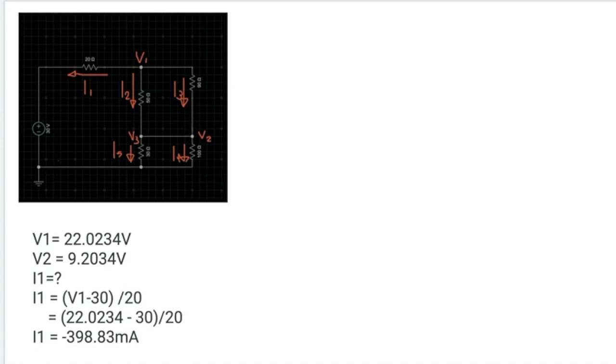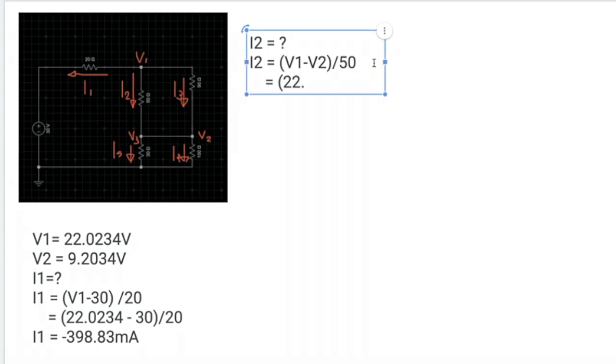Then for I2, that will be I2 equal to V1 minus V2 divided by 50. That means 22.0234 minus 9.2034 divided by 50.